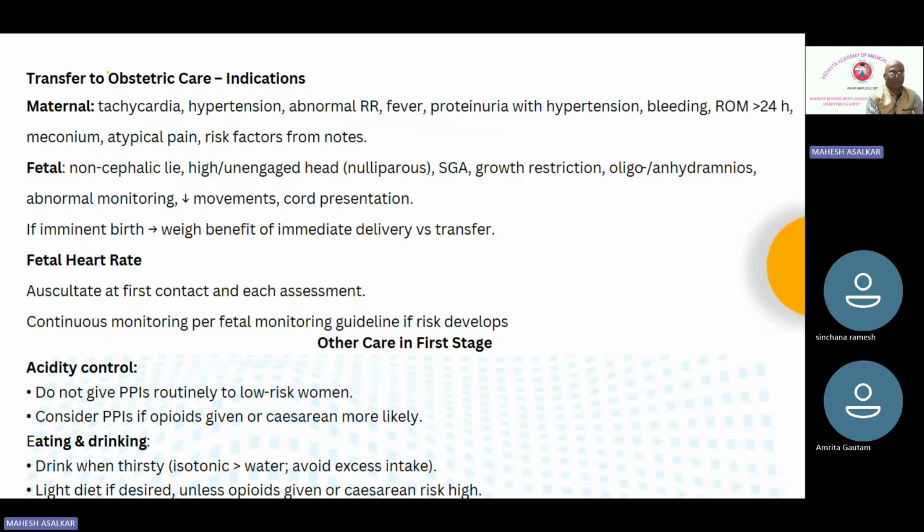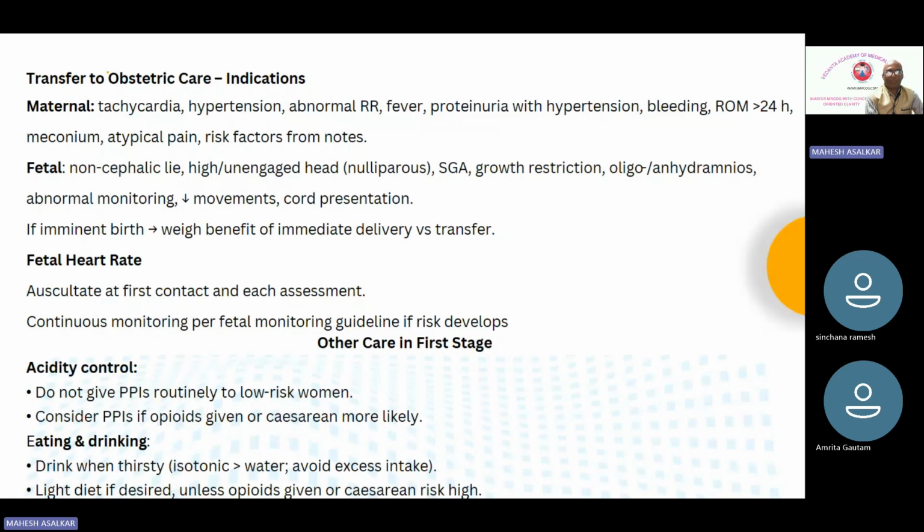Then fetal heart rate: auscultate at first and at each assessment, with continuous monitoring as per the fetal monitoring guideline if a risk develops. Okay, continuous monitoring as per the indications only. Okay, other care in the first stage, acidity control. Do not give proton pump inhibitors routinely to low-risk women.